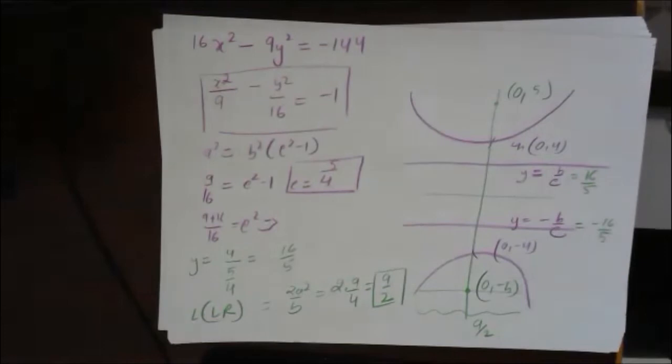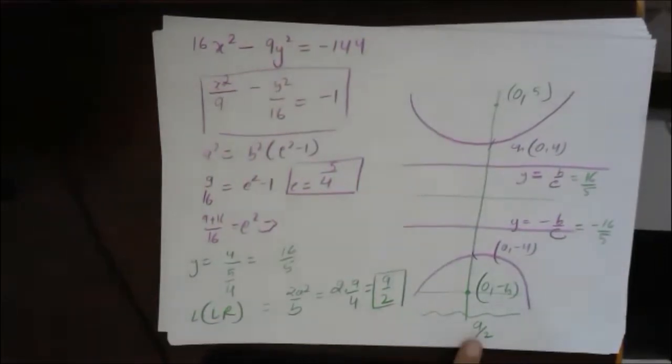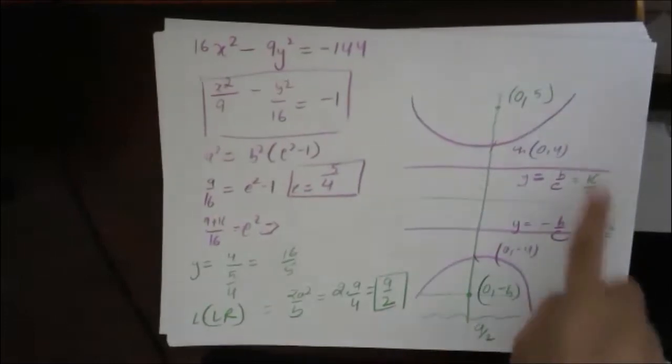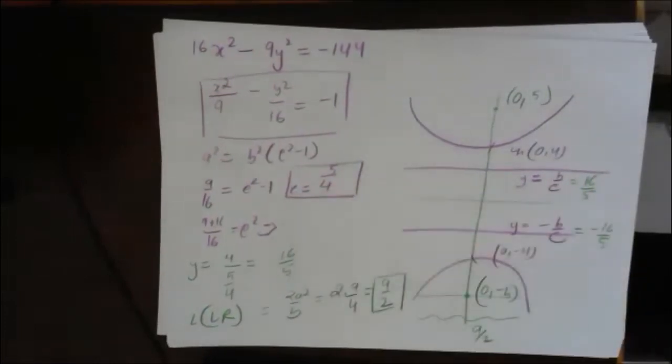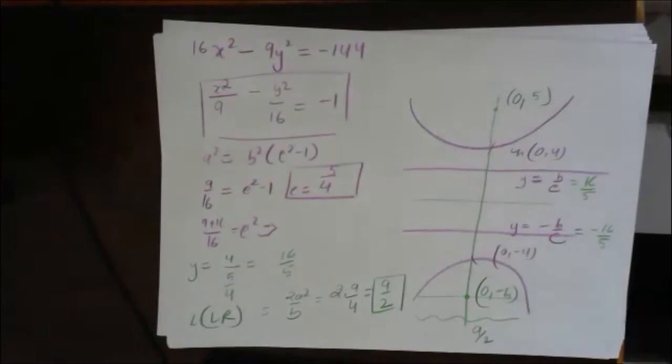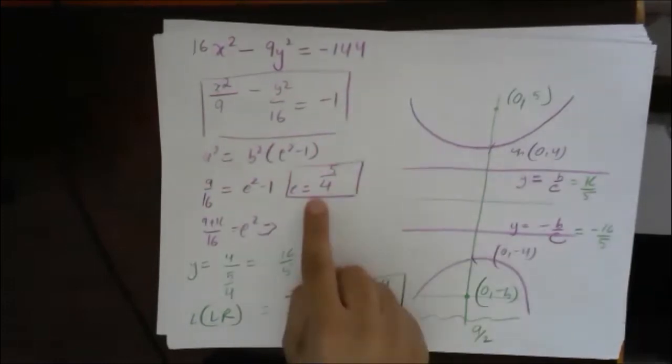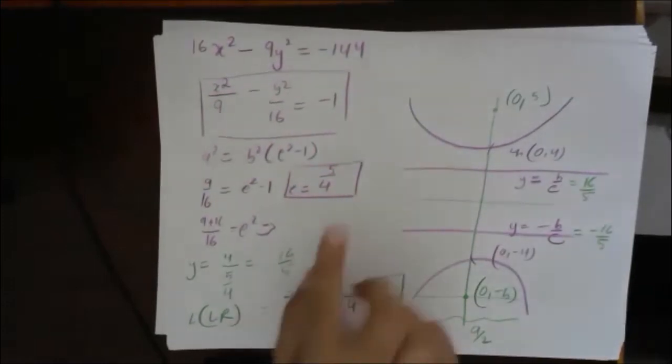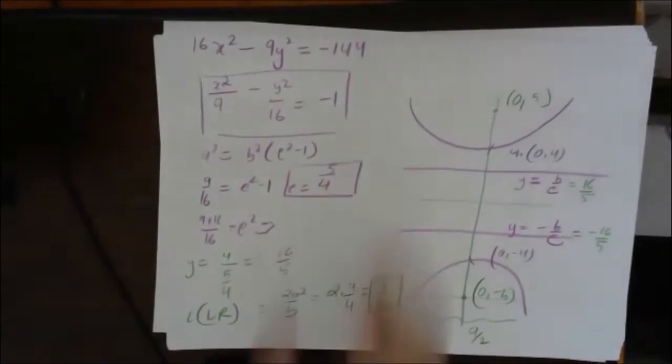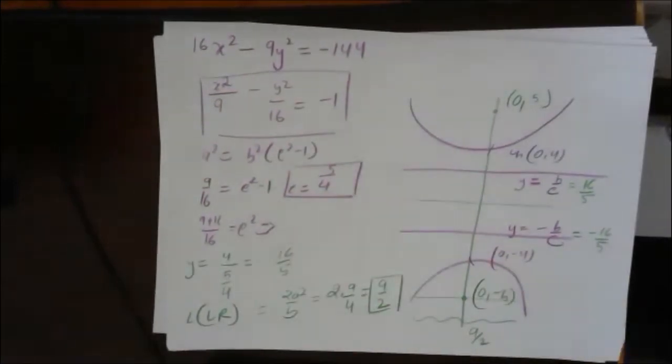Yes, all the answers are correct. Very good. Latus rectum you have reported 9 by 2, that is correct. Plus minus 16 by 5, and eccentricity is 5 by 4. Very good. The most important thing is you should not make any mistake in eccentricity. If eccentricity is correct, all the other answers you can easily find.